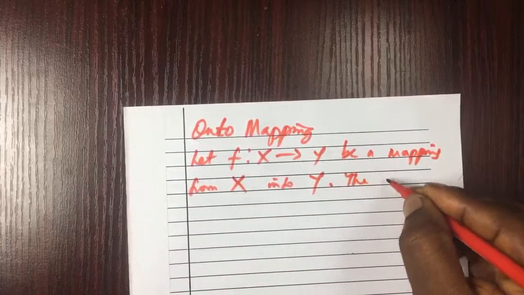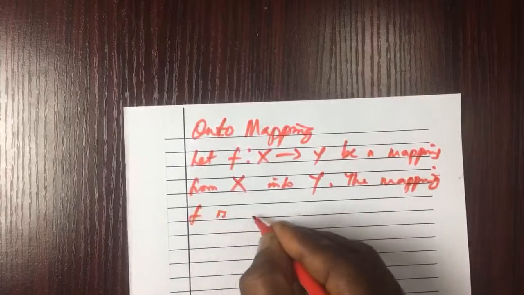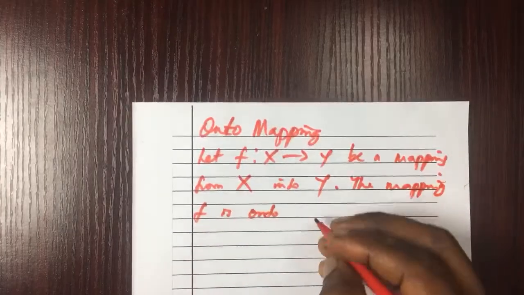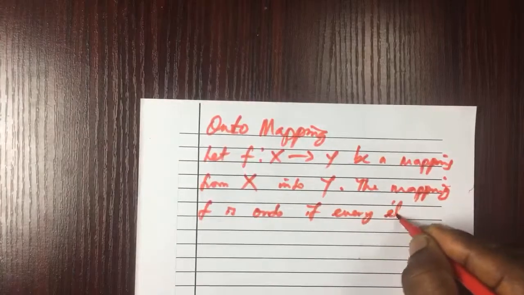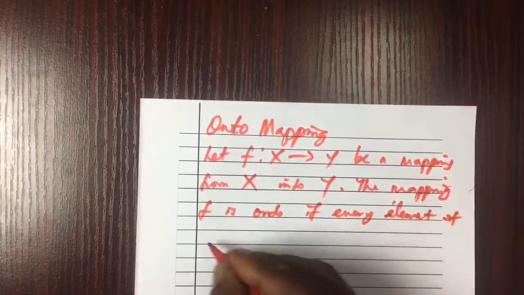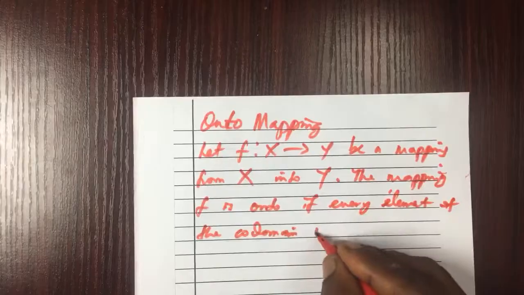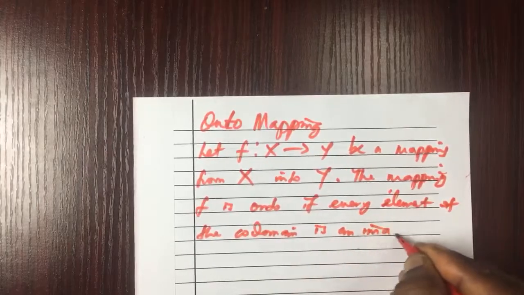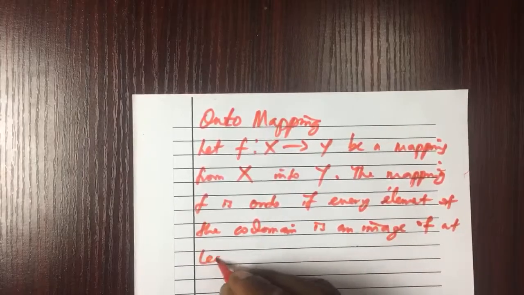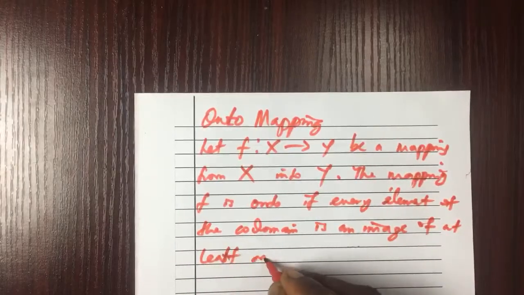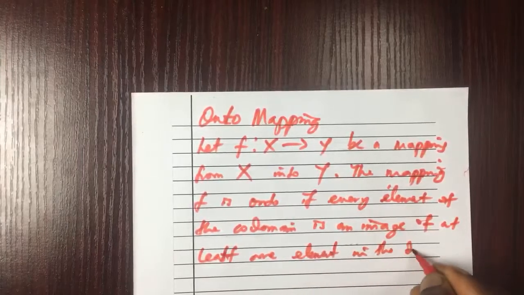We would say the mapping f is onto if every element of the codomain is an image of at least one element in the domain.